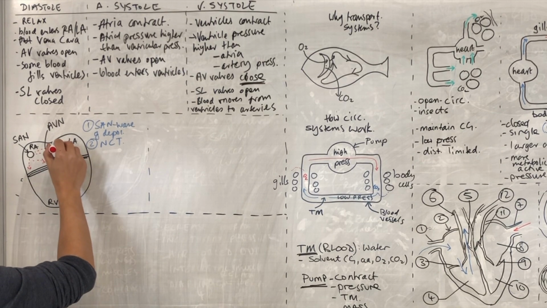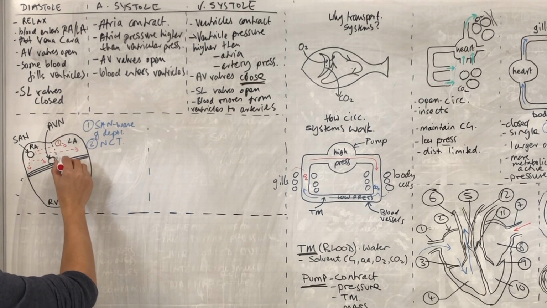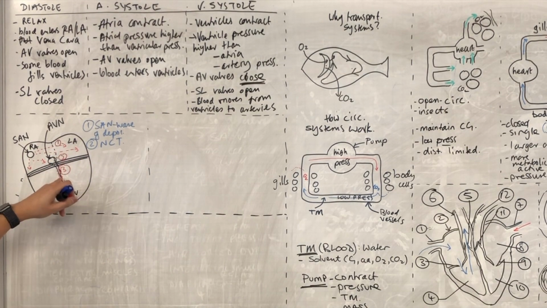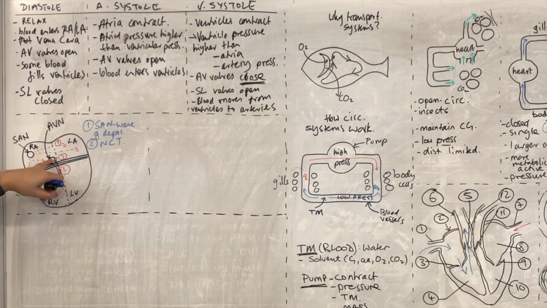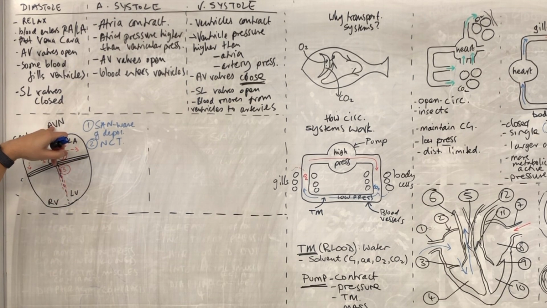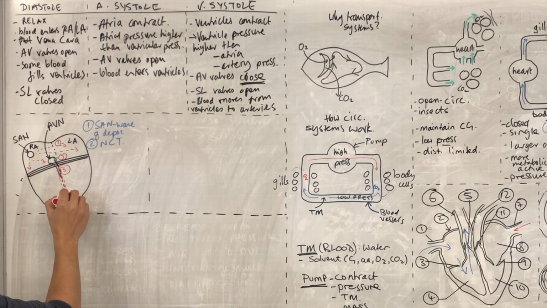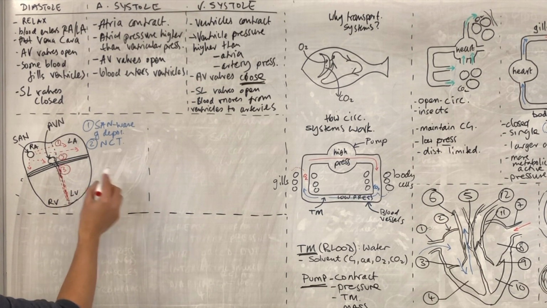So let's say that was 1. The 2 was the non-conductive tissue. The 3 is this idea that the impulse does activate or stimulate the atrioventricular node, but the stimulus then passes down the bundle of His, protected from the ventricles, until the apex of the heart.